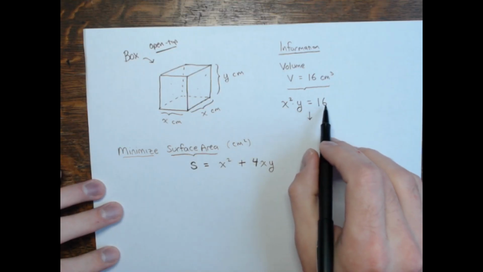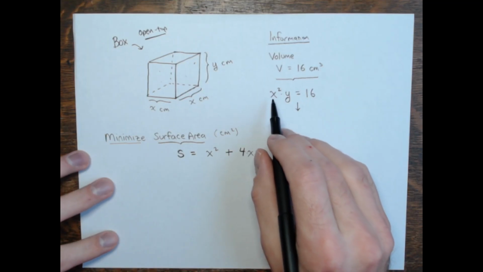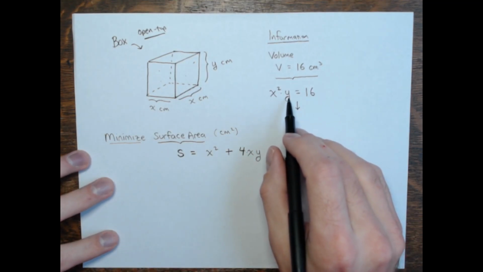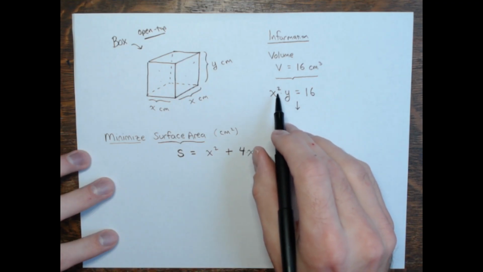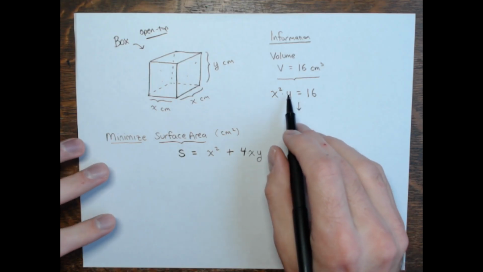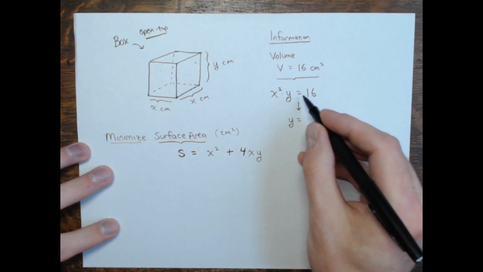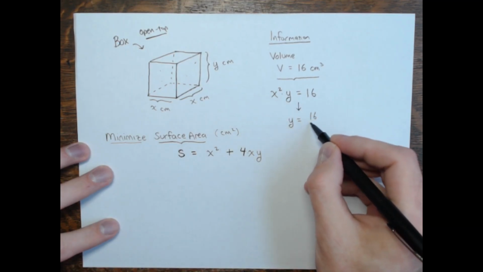Now, once again, in my equation with the information given about the volume, x squared times y equals 16. The easiest one to solve for is y. If you had to solve for x, there'd be square roots involved because it's x squared, but y is to the first power. So I can solve for y more easily. So y here is 16 divided by x squared.